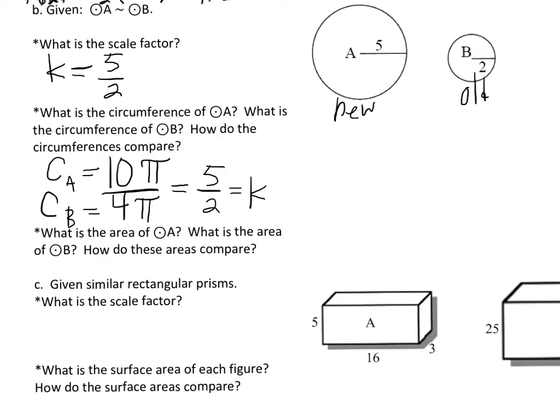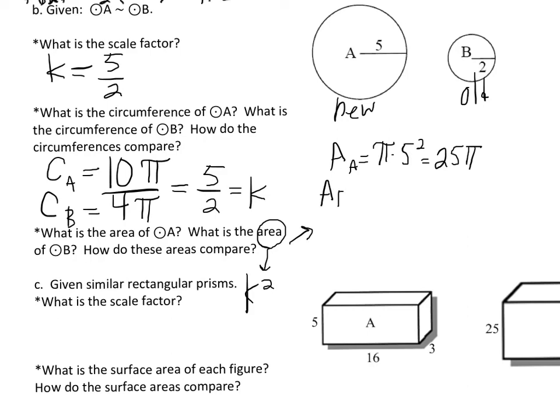Here we're going to do area. And when I see area right away, I think it's probably going to be k squared, but we will see. So let's see, I'm going to do it right over here since we don't have quite enough room. So area, remember, is pi r squared. So area of A is pi and then r squared, which would be 25 pi.